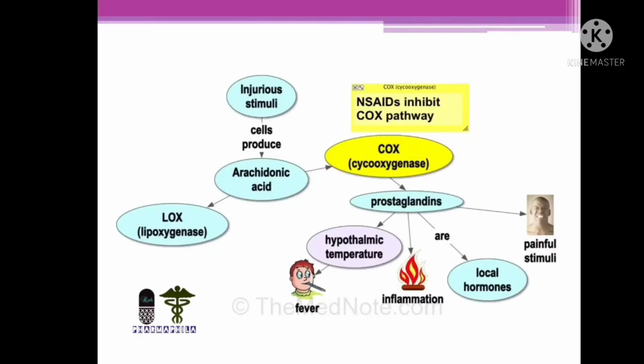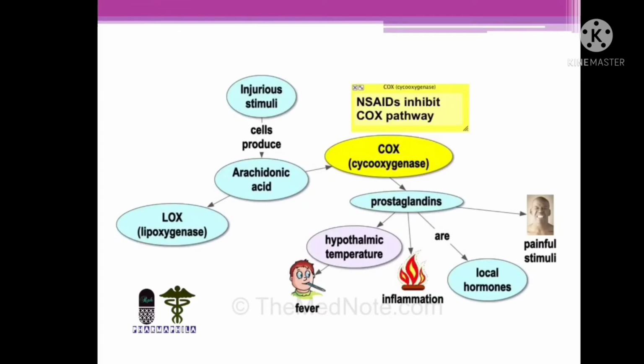Okay, this is basically the mechanism of action of NSAIDs, and I have described this mechanism hundreds of times, so one more time I describe it. If you have any confusion about the mechanism of NSAIDs, go through the previous video and check it out. I described the mechanism of action with their particular effects on the organs. So one more time, what happens with the NSAIDs?